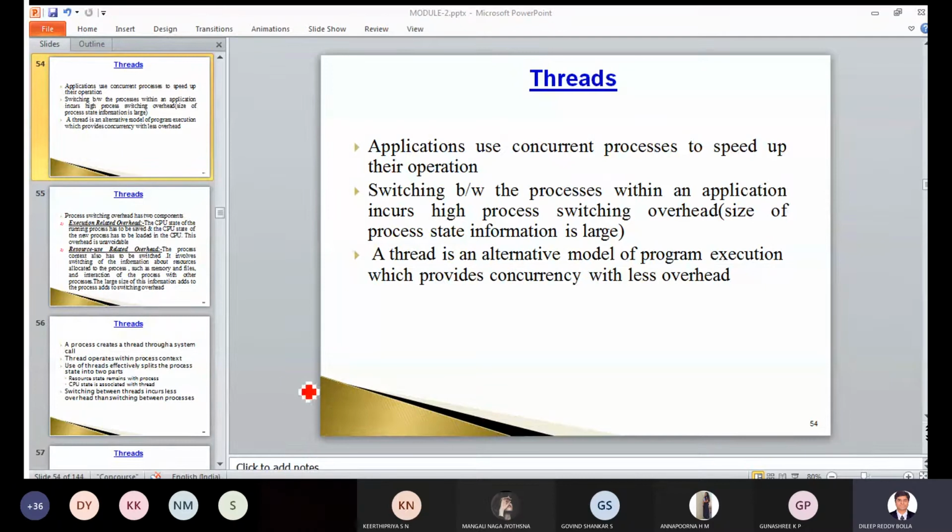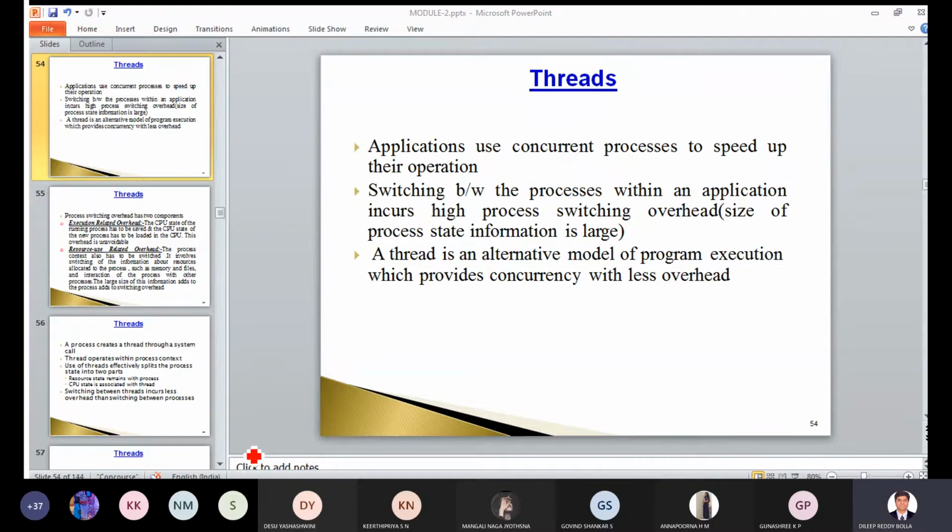So let us say this is a process here, we can write P, and this is also a process, we can write P. Inside this process we have something called threads. Let's say this is like a thread here.